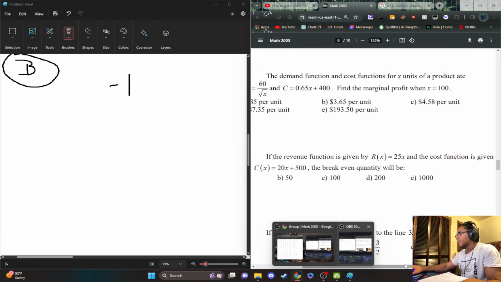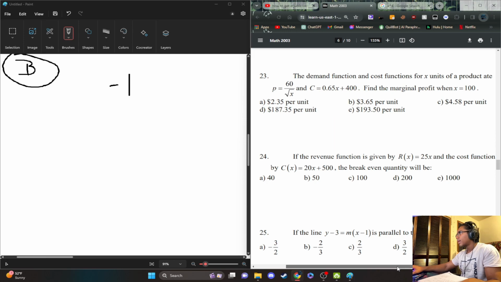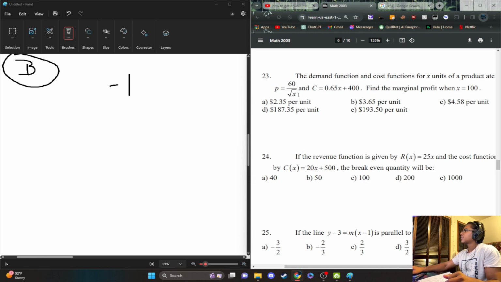The demand function and the cost function for x units of a product are given: P equals 60 over square root of x, and C of x, this is the cost and this is the demand. Find the profit function.